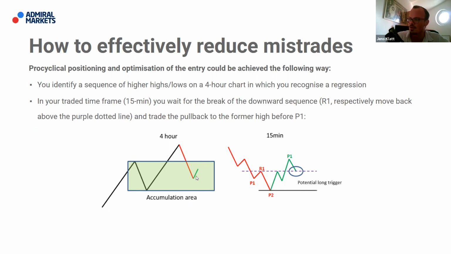This is the red line here. This is R1, okay? This is the last relative high, which means that everything happening below that level can be considered bearish, because as long as we do not break significantly and sustainably above this R1, the sequence of falling highs and falling lows is still given, okay?